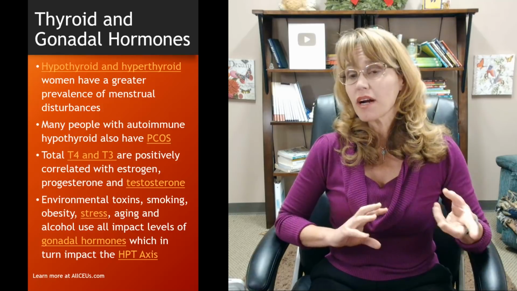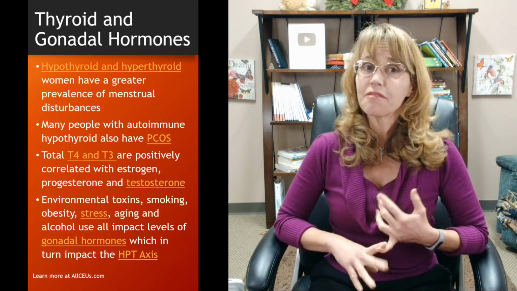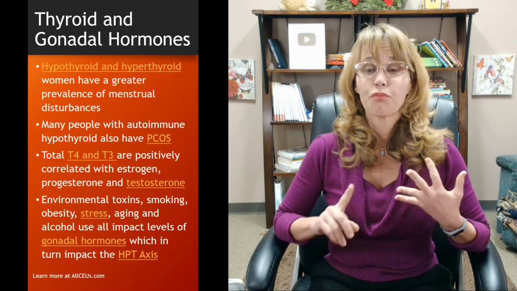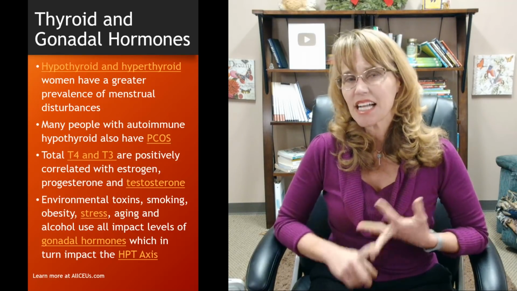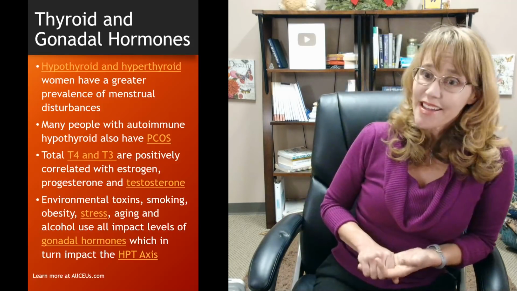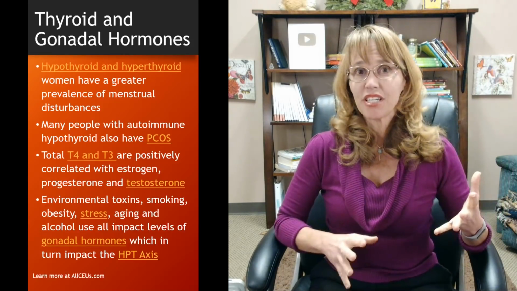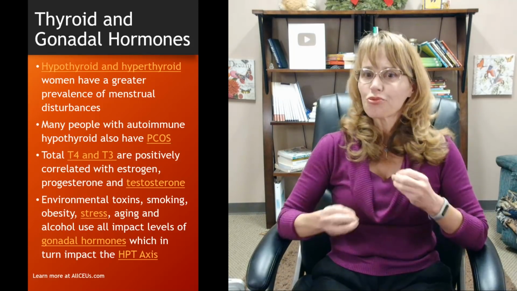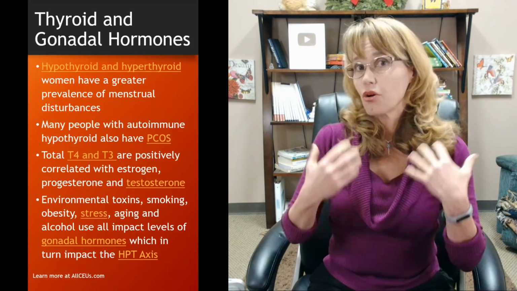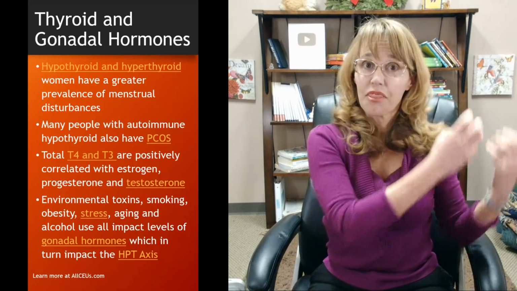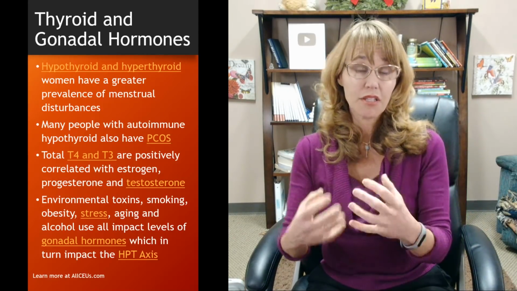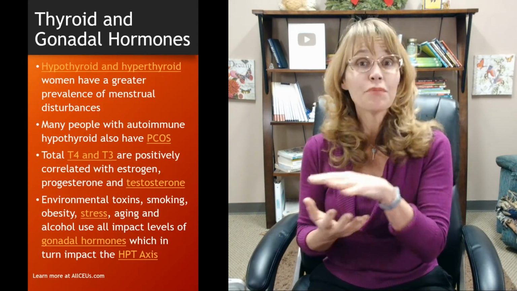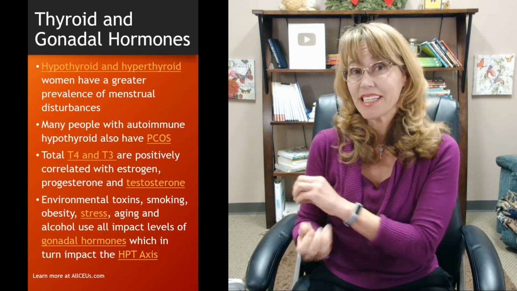Total T4 and T3 levels are positively correlated with estrogen, progesterone, and testosterone. As we age, estrogen and testosterone decrease, and it's important to recognize that. So as normal aging progresses, thyroid hormones will also similarly probably decrease.